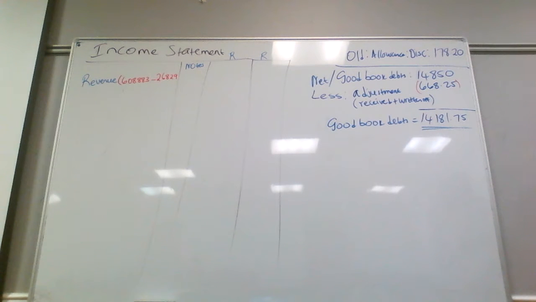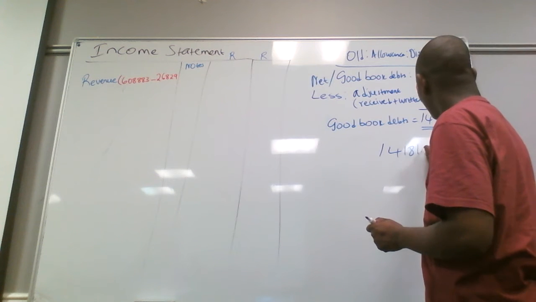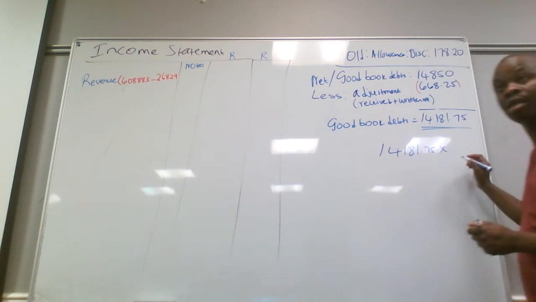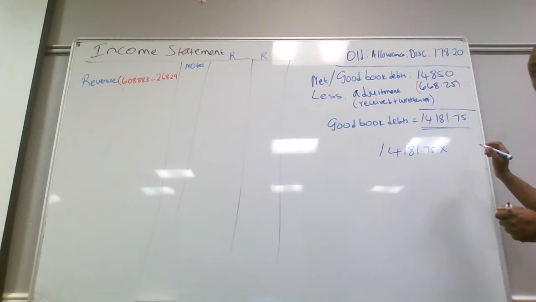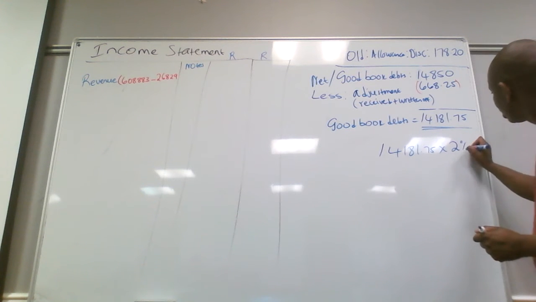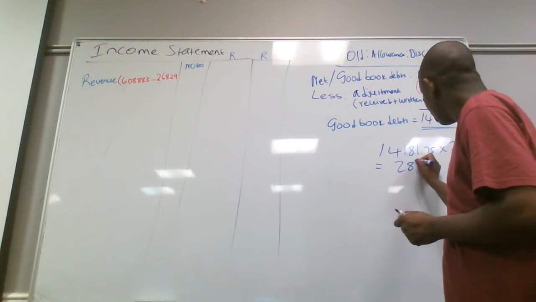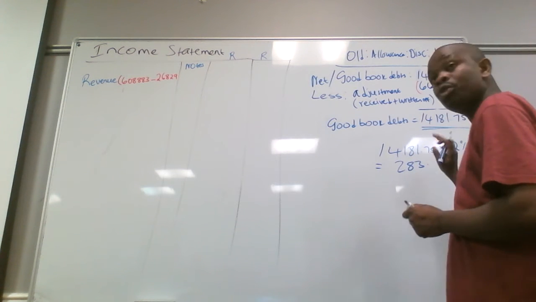Can I continue? So it's then that I can use the percentage that they gave me. 14,181, how many percent? 2% for discount granted. 283.60, I'm rounding off to two decimals.